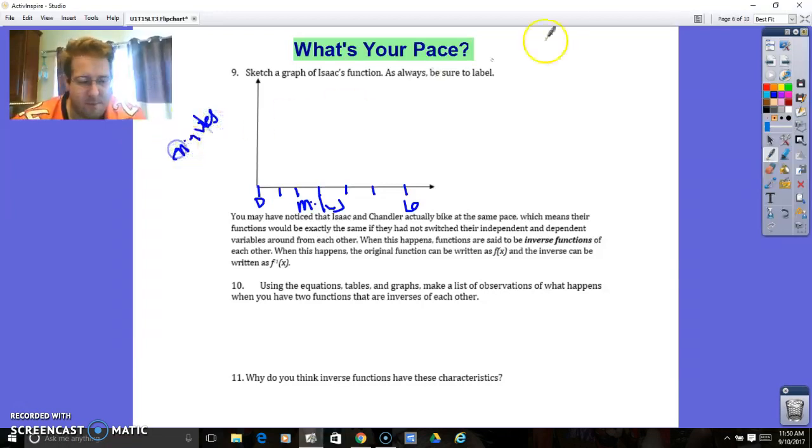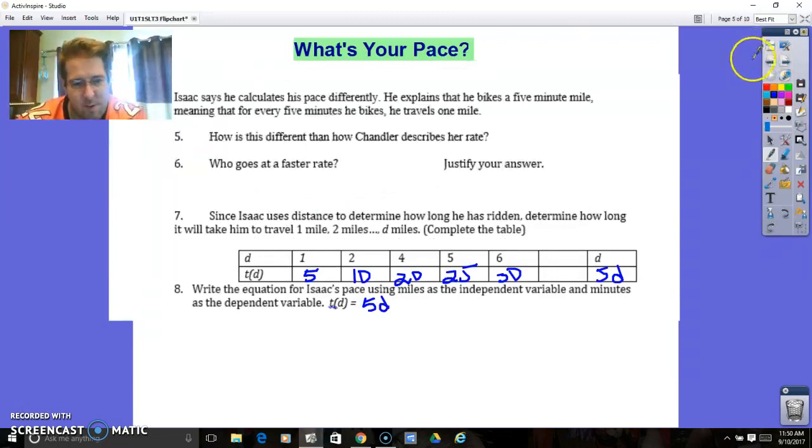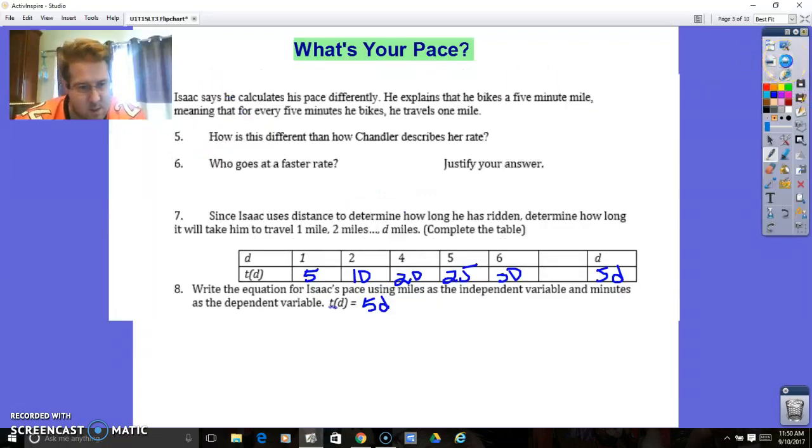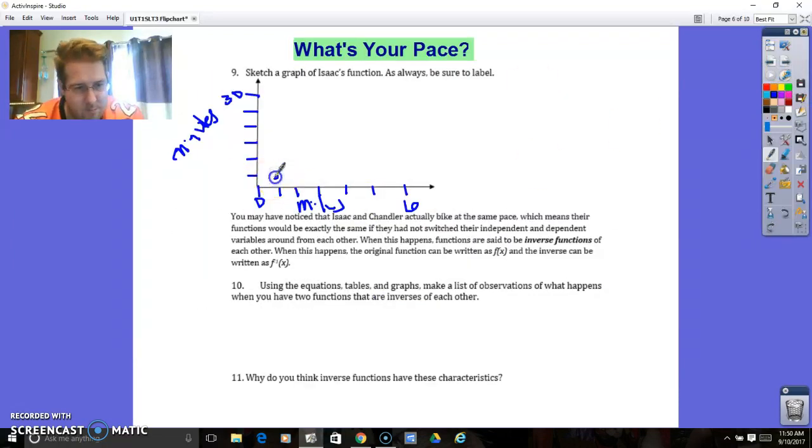So you notice that this graph is exactly the inverse of the one that we had made originally. So this number is going to go up to 30. So 5, 10, 15, 20, 25, 30. All right, and then I can just start graphing away. So 1 was 5 minutes, 10 was, okay, and basically it's just going to go straight across just like such.